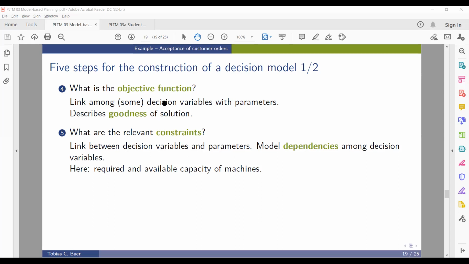And finally, we have something that we call constraints. This is again a link between decision variables on the one hand and parameters on the other hand. And this describes how our decisions depend on each other.